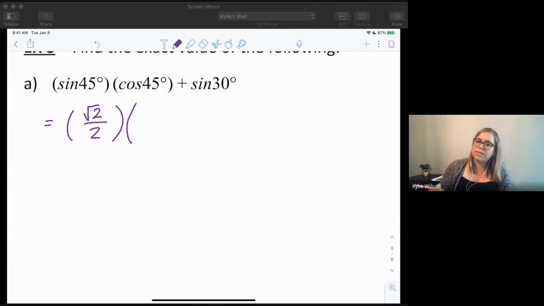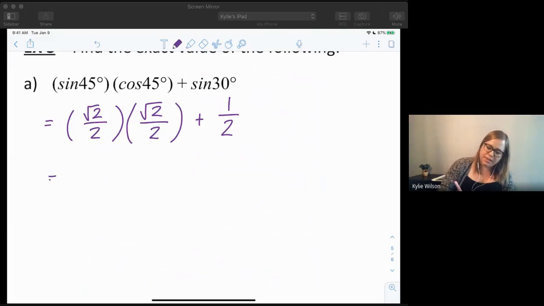Now I have cosine of 45, which is also root 2 over 2. And I'm going to add that to sine 30, which is 1/2. So now it's just a BEDMAS question. So I start with the multiplication, and I'm multiplying fractions, so I just multiply straight across.